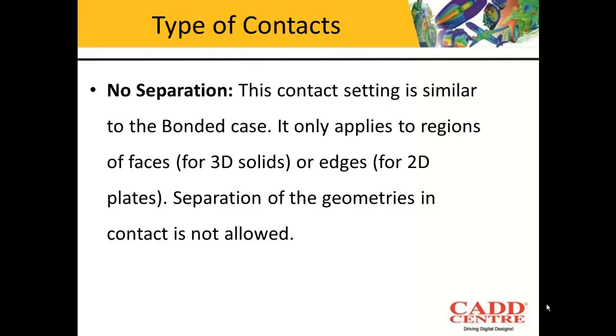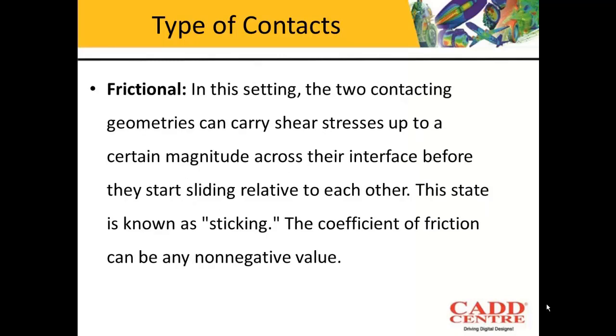Okay, after that we will move to the next contact, which is frictional contact. Now in this contact type, the two contacting geometries can carry shear stresses up to a certain magnitude across their interface before they start sliding. This behavior is called sticking.